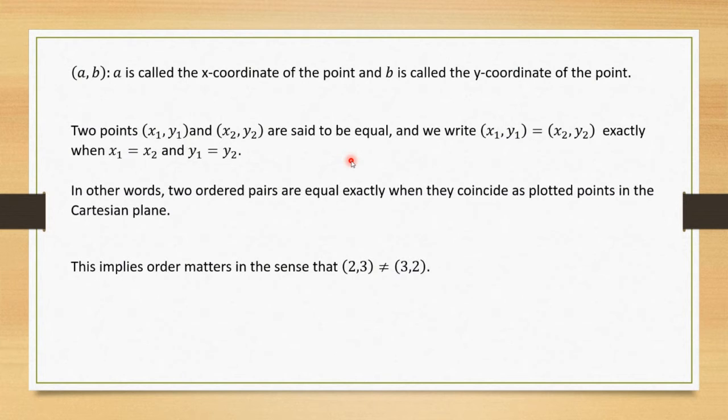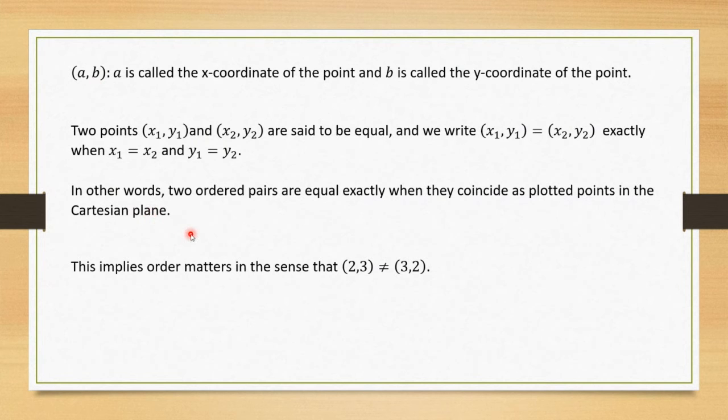Keep in mind also, just like with the number line, remember how every number corresponds to a unique point on the line? Same thing with the Cartesian plane. Every ordered pair of numbers corresponds to a unique point in the Cartesian plane.